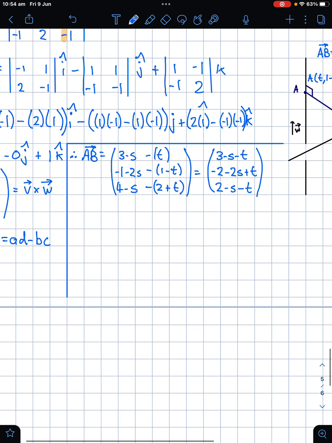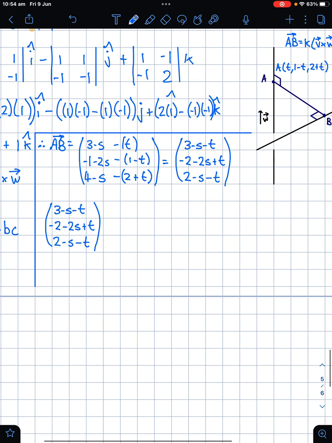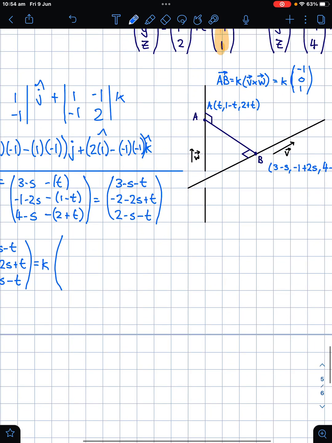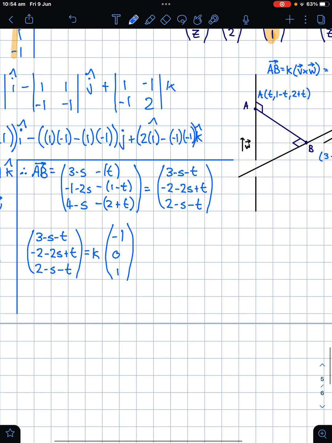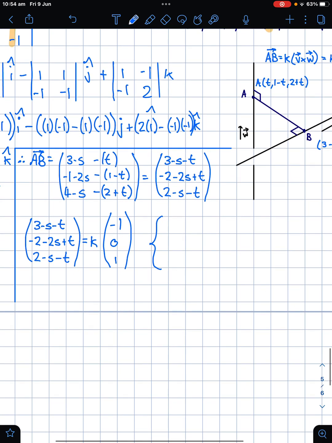Okay, now we've got to remember that this vector here, which we've just calculated, is equal to the scalar product of our cross product. So it's going to be equal to K, -1, 0, and 1. So we're going to have 3 different equations here, which is going to mean that we've got 3 simultaneous equations because we've got 3 unknowns.